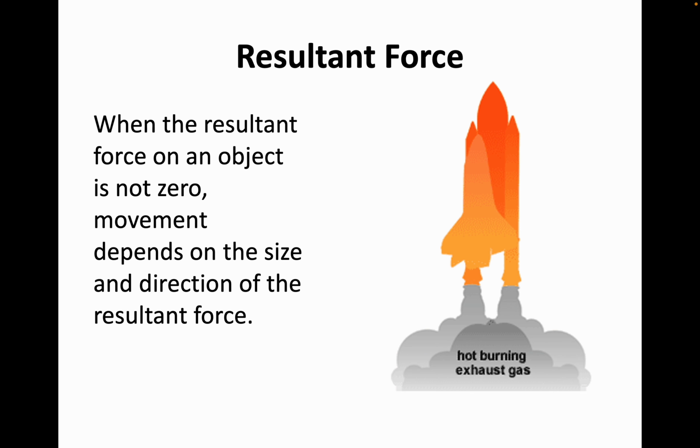Okay, so resultant force means simply the difference between two forces, because forces, like velocities, are vector quantities, and you need to take into consideration the direction of the force.